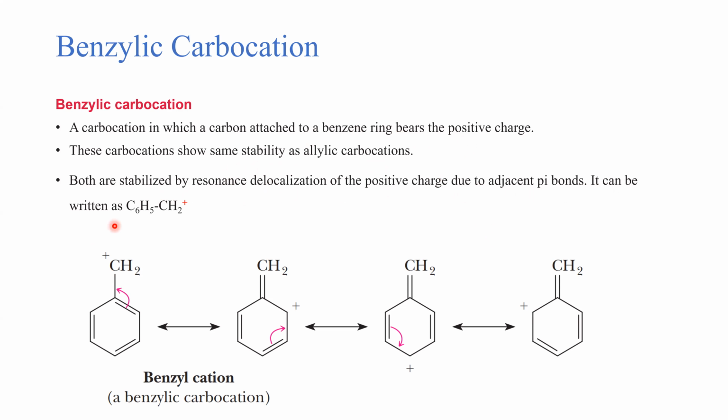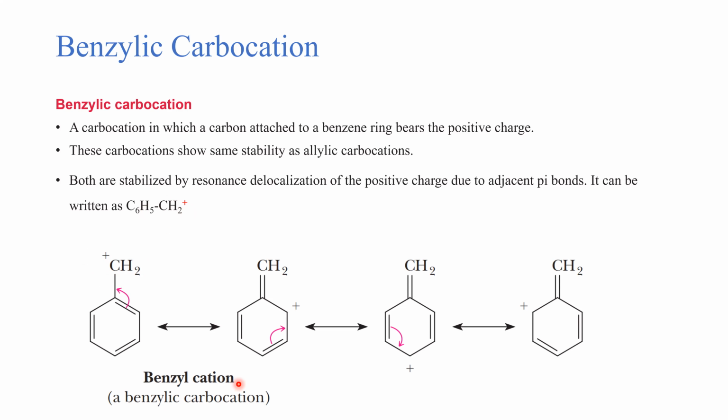It can be written as C6H5, the condensed formula of this benzylic carbocation. So this benzene ring we can write together as C6H5 to give the phenyl group. And then this is a CH2 because this is aliphatic, outside of the ring. So we are writing this separately, and the positive charge indicates the carbocation.